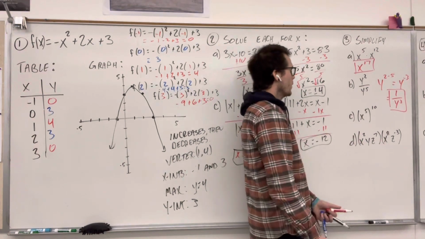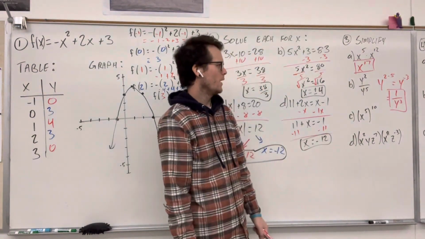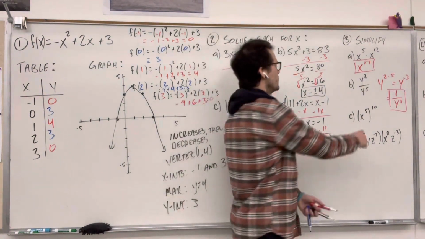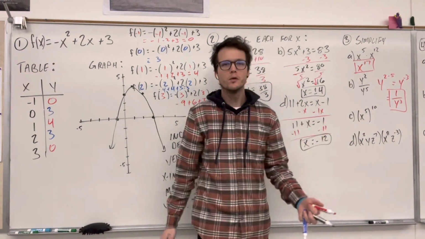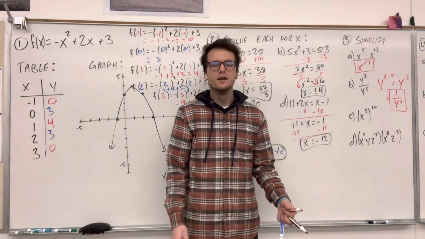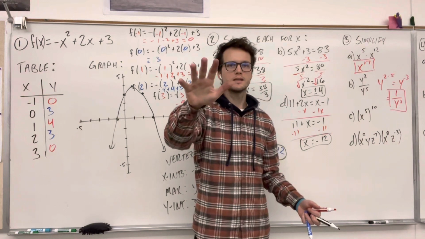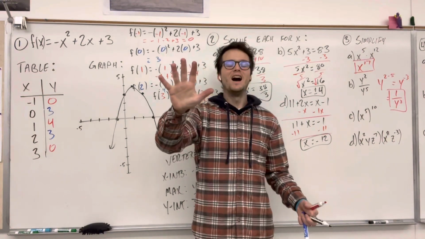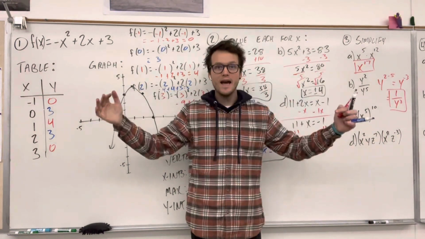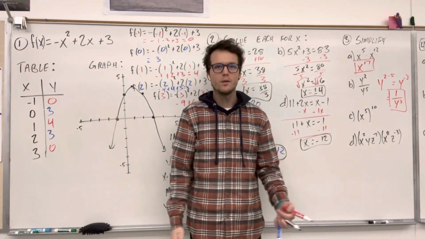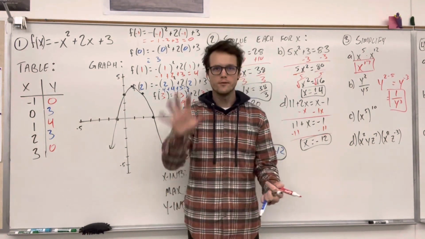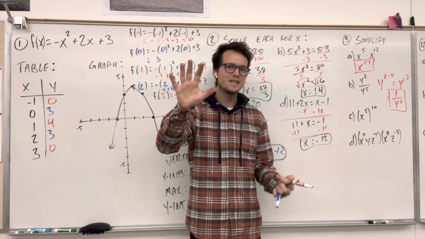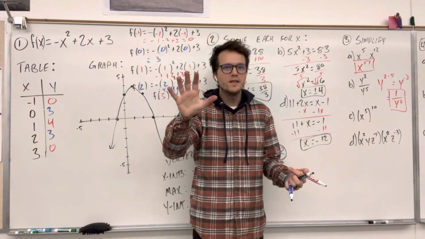C, power of a product rule. Or no, this is a power of a power rule, something like that. So we have x to the 5th, and x to the 5th is being multiplied by itself 10 times. So that means we have x times x times x times x times x 5 times. And then we have those, and we're multiplying that by 10 times. I'm not going to list them all out, but hopefully you can see if you have 5 things, and you have those 5 things 10 times, well, now you have 50 of those things.